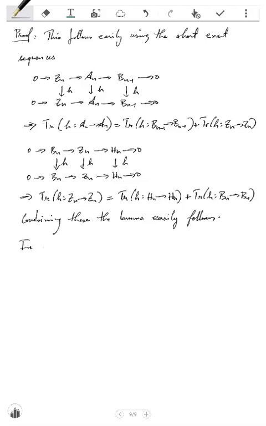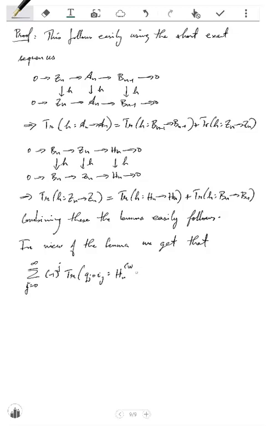So in view of the lemma, we get that summation j equal to 0 to infinity, minus 1 to the j trace of gj ij from the nth CW homology of mod K with Q coefficients is equal to 0.